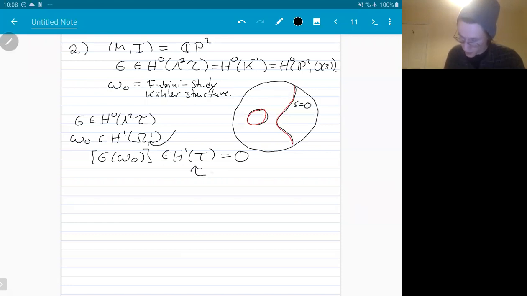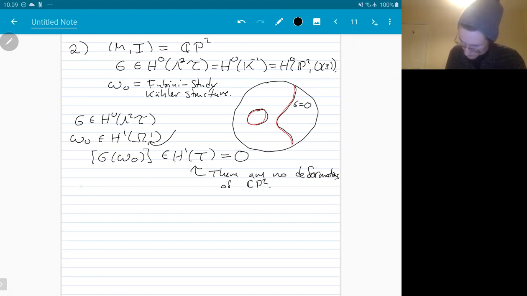This is because this cohomology group classifies the infinitesimal deformations of CP2, and this is 0 because there are no deformations of CP2.